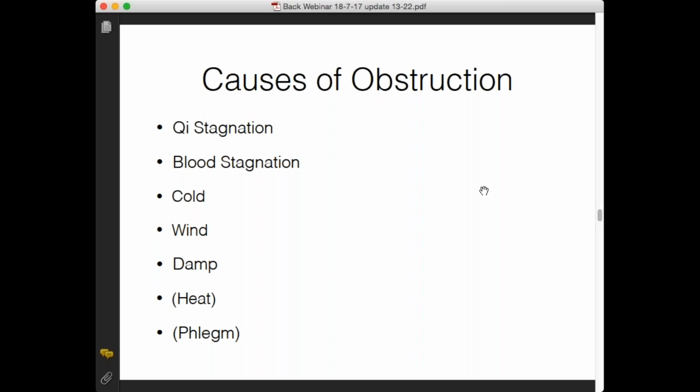Right. Obstruction of qi, obstruction of blood, which is more severe, more fixed, more strong pain. And it's often compounded with one of the external pernicious influences, particularly cold, sometimes damp, and they can be blown in by wind.